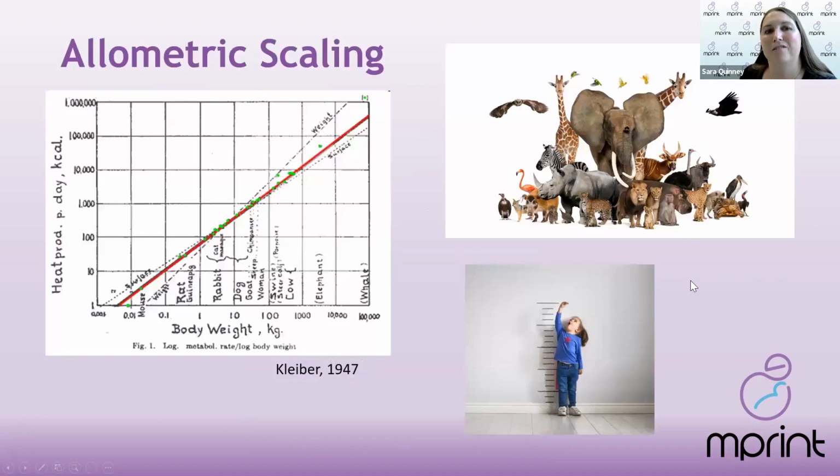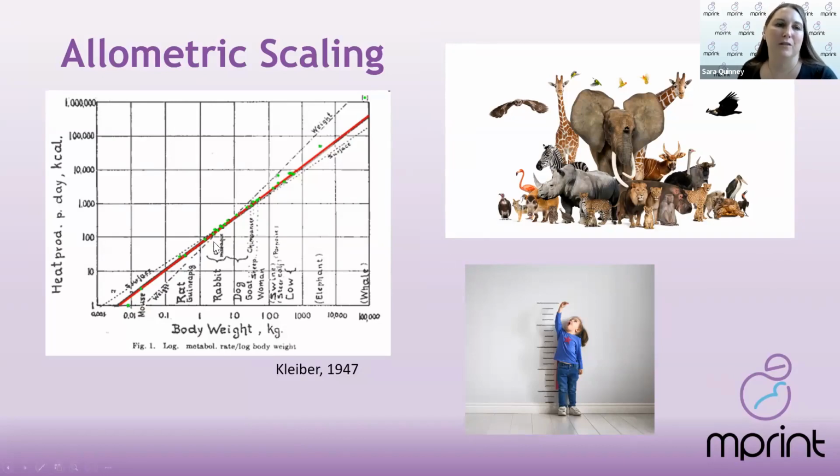I will give you a hint. A lot of places will use allometric scaling. This simply is a method of moving from species to species, or within humans, from an adult to a pediatric patient based on body weight.